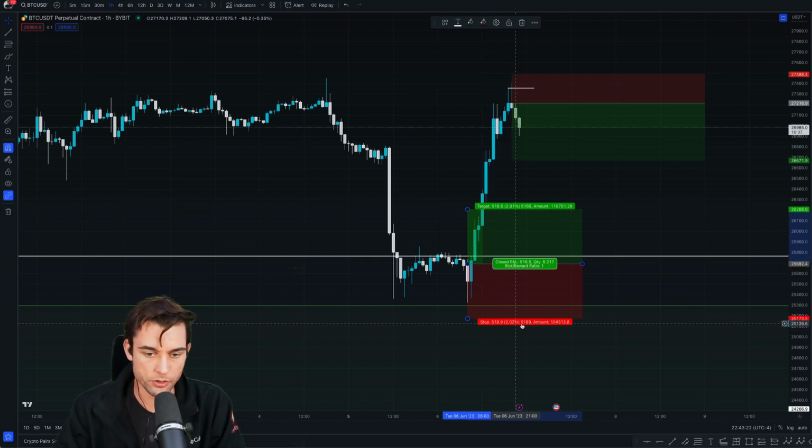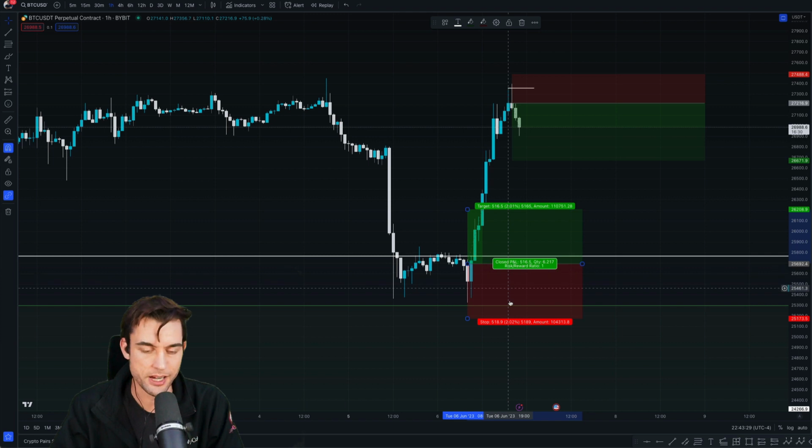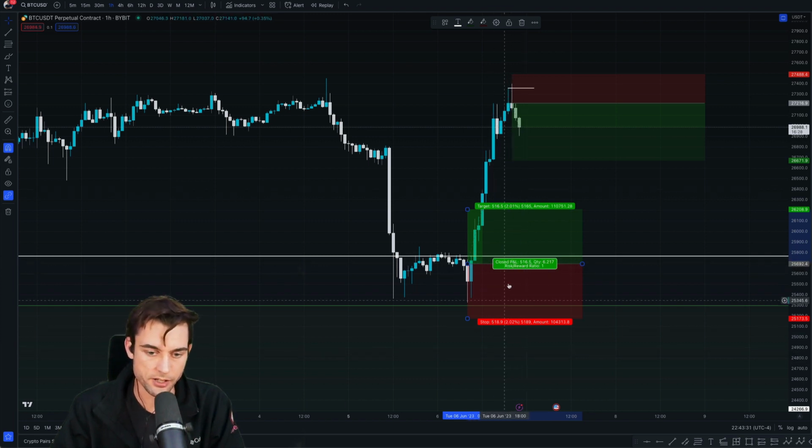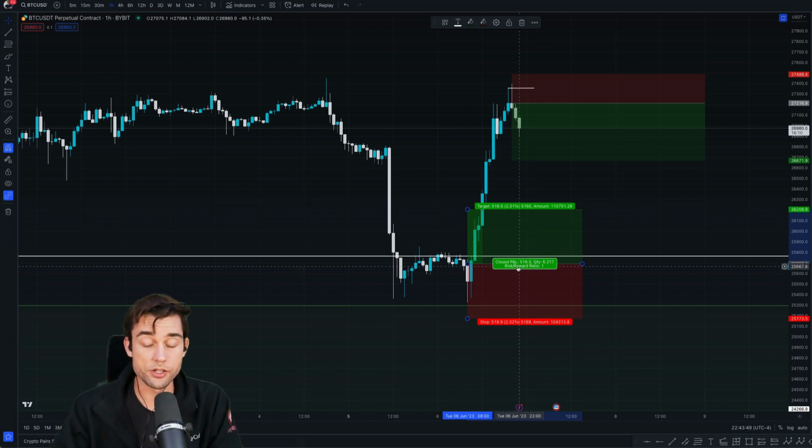However, if the price were to come down and hit our stop, that is also 2% away. So 2% to take profit, 2% to stop loss. That means the risk is 1 and the reward is 1. So it's even. If we risk $1 on this trade, we lose that $1 if we get stopped out, and we win $1 if we hit our take profit.